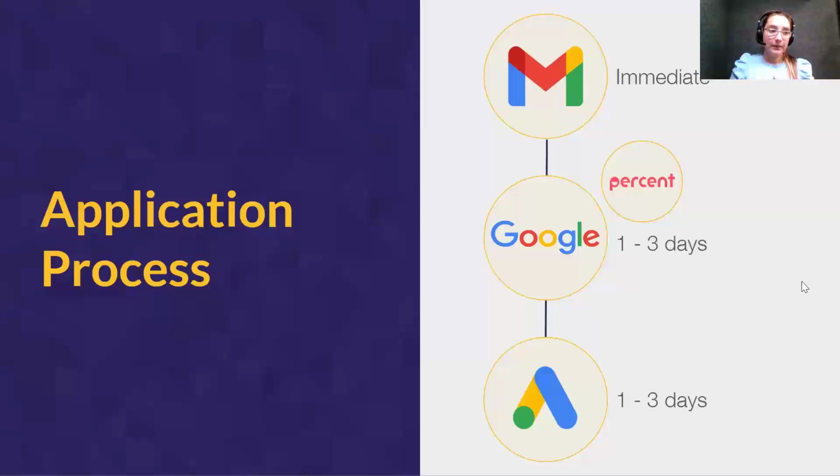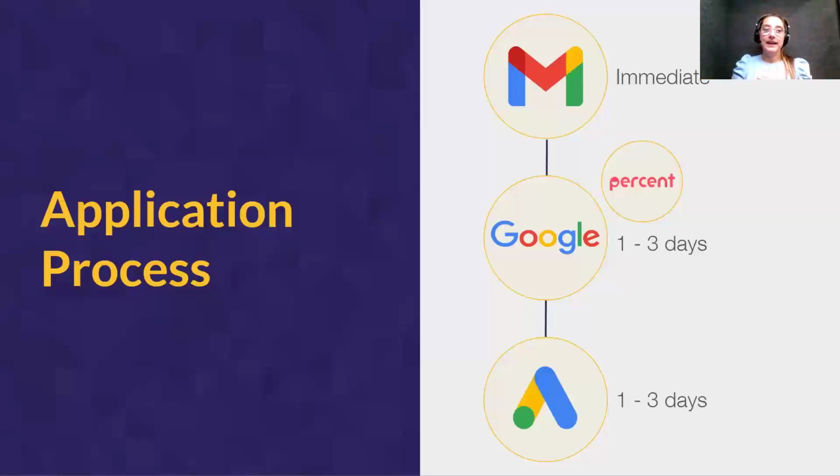But basically what you are doing is getting your ducks in a row with the background checker. You can clarify any misunderstandings that might exist around what your mission is, what you do, with them first. Then go back to Google, submit the application as usual. And because you have already cleared everything up with Percent, usually that application process is pretty smooth.